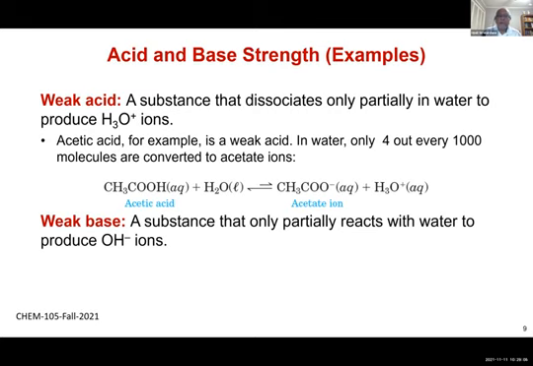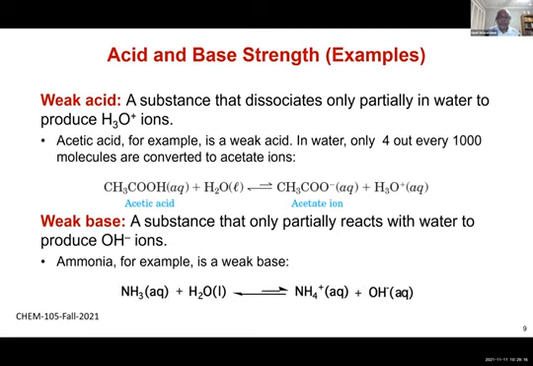In the case of a weak base, we take ammonia with water. In this case also, ammonia doesn't completely break the water into hydroxide ions and produce ammonium ions completely. This is an equilibrium reaction again.